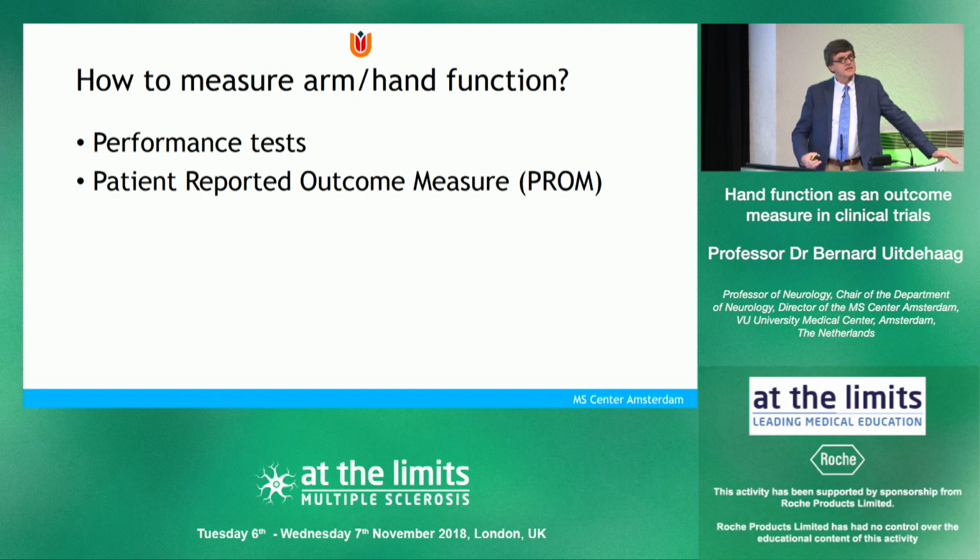The problem is that it is very difficult to have it scored in a standardized way. If you do that in a neurological examination, you have a good impression of the upper limb function, but it's very difficult to have a real, objective scoring system with good intra- and inter-observer reliability.